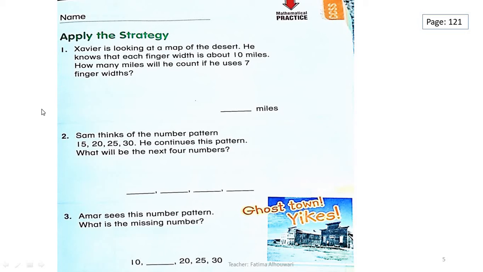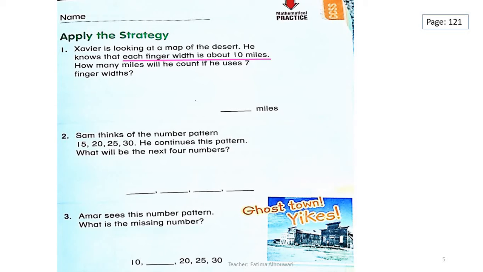So now the question is, what fact did you know from this problem? Here we have a number. The fact is, he knows that each finger width is about 10 miles. What do we need to find, grade 2?